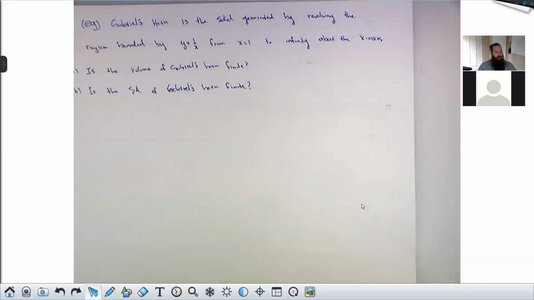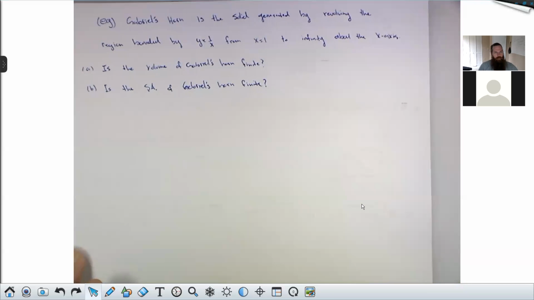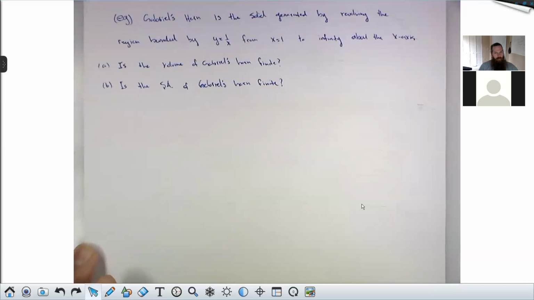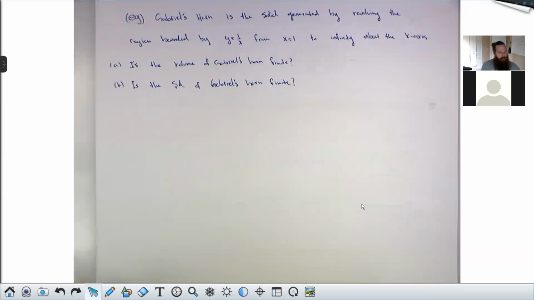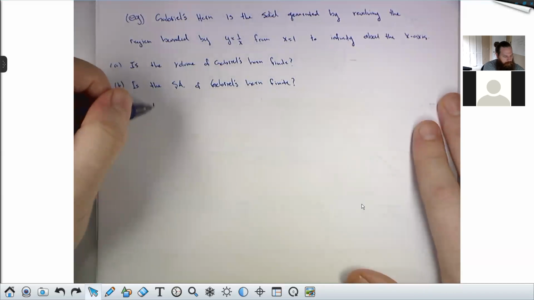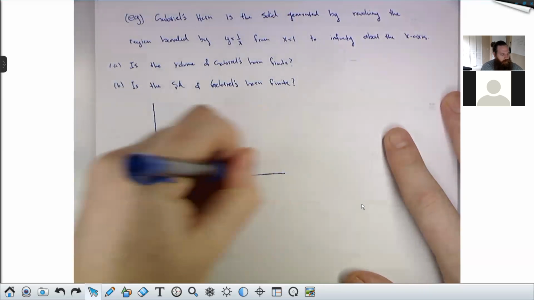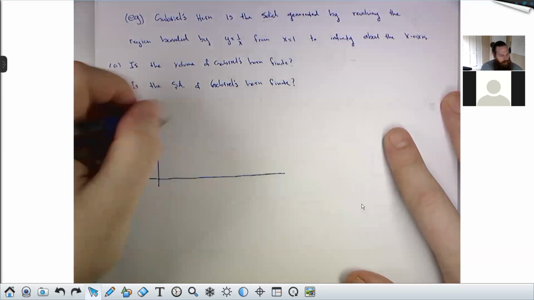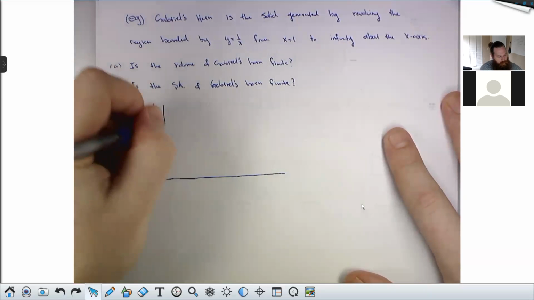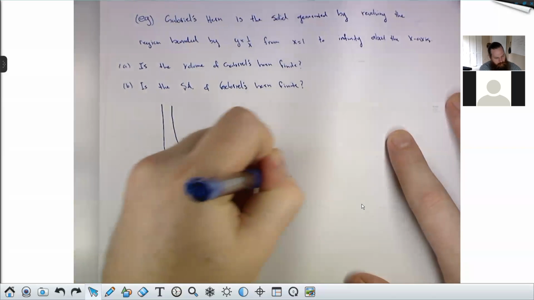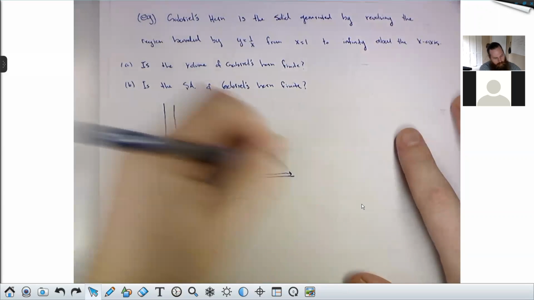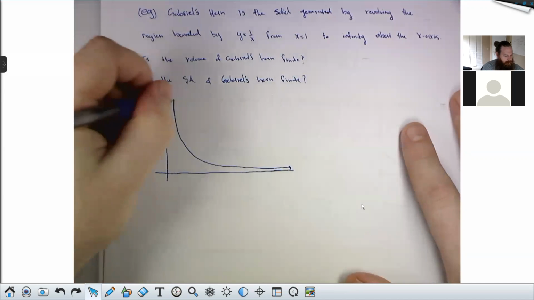So before we can dig into this, I'd like to draw the picture for you. There's nothing too radical about the picture. We all know what 1 over x looks like. One over x looks like this.